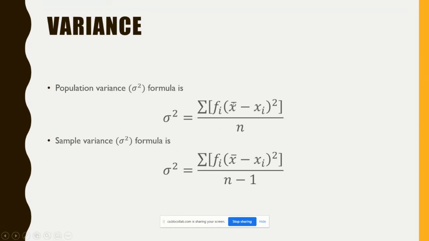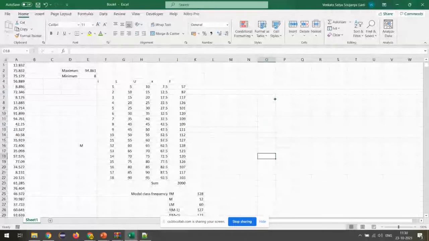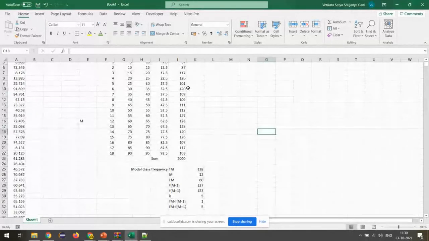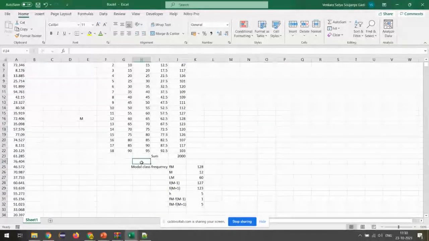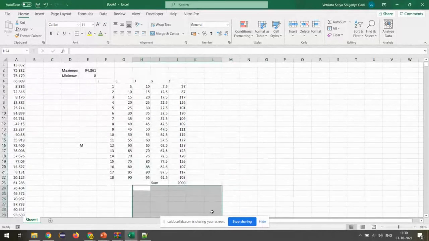Okay, what we do is we multiply the frequency times the difference between the mean and the midpoint, and we square it. So how do we do that? So let me remove this. Let us do directly the example, right? So let's calculate the mean.